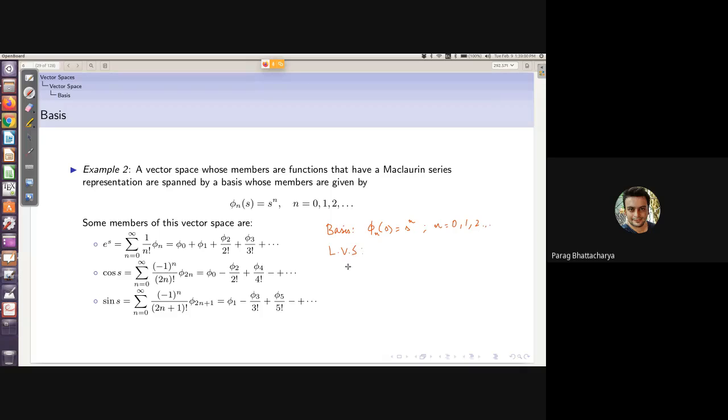The linear vector space is all the functions of s which have a Maclaurin series representation. All the functions which have got a Maclaurin series representation will be the members of this linear vector space. They belong to a linear vector space which is spanned by this particular basis. Is this clear?